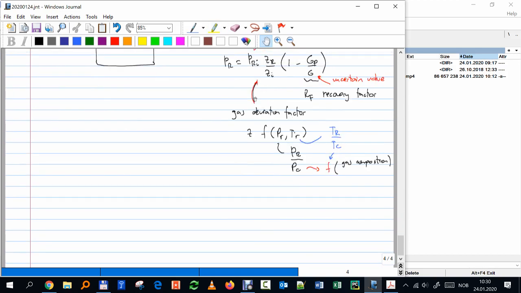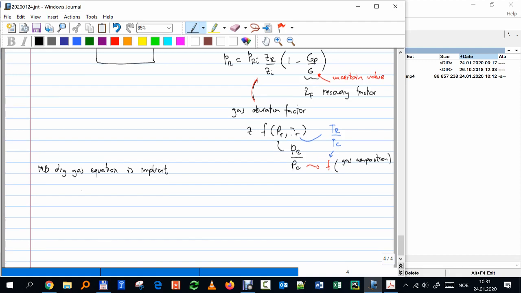So this equation is implicit. A suitable procedure is: given a recovery factor, I assume PR.